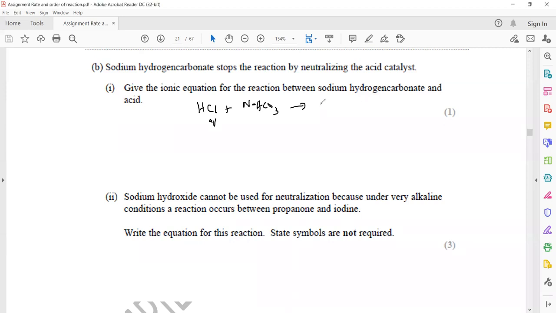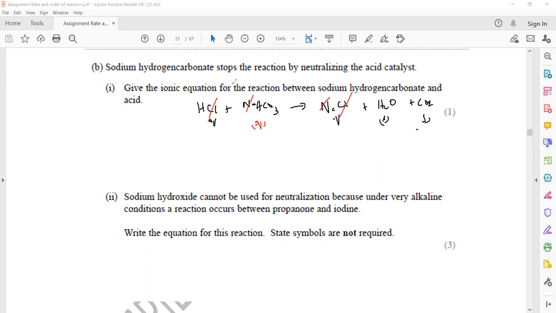Same for hydrogen carbonate, it will form sodium chloride aqueous, water in a liquid state and carbon dioxide in a gaseous state. So we cancel the common ions. Cl minus is a common ion, aqueous on both sides.